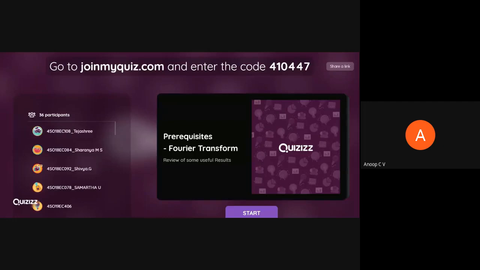We have 35 participants in. I request others to join fast. Keep your audio on so that you can hear any instructions I give in between. I know you'll be navigated out of the Google Meet window, but not a problem. As soon as you finish this quiz, I request everyone to come back to the Google Meet session.